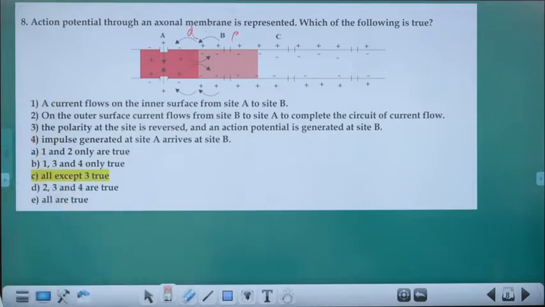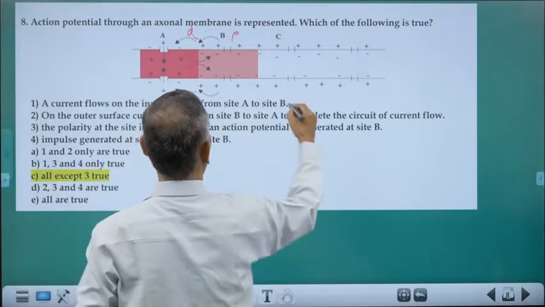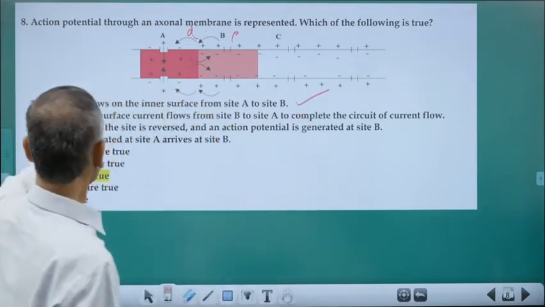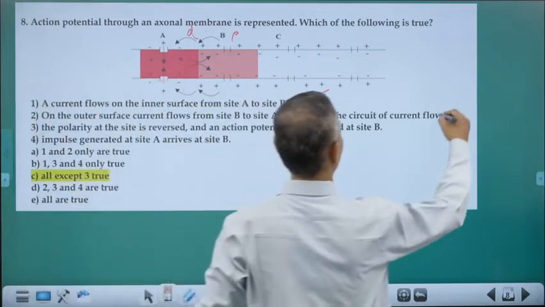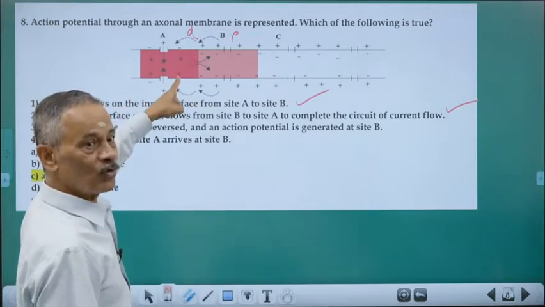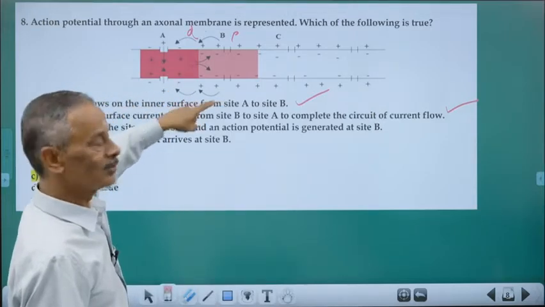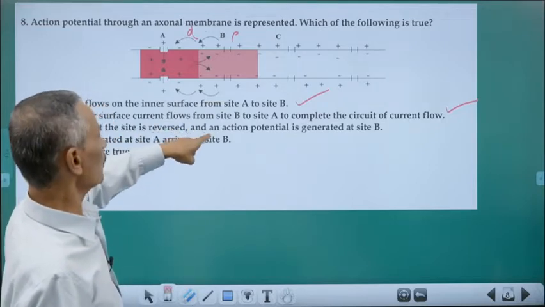A current flows on the inner surface from site A to site B. On the outer surface, current flows from site B to site A to complete the circuit. Correct. See, charges always flow from positive to negative. The polarity of the site is reversed and the action potential is generated.